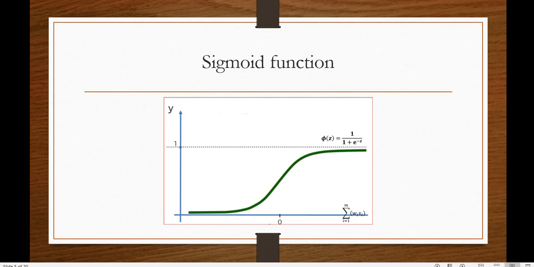For a range of values of x, it is 0, then it is changing, and after a value of x, say if x equal to 5, y becomes 1. So when x equal to 5, y equal to 1.